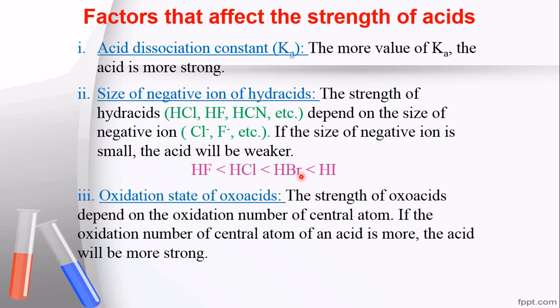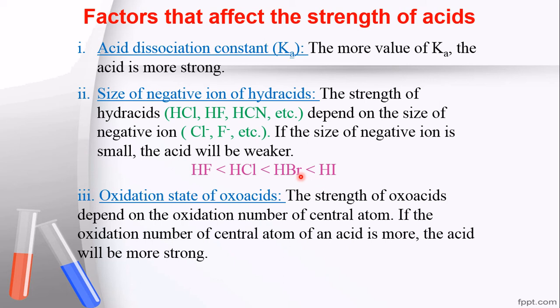Now for oxoacids. I have already told you which are oxoacids. The strength of oxoacids depends on the oxidation number of the central atom of the acid. What is the central atom? For example, sulfur for sulfuric acid, nitrogen for nitric acid, phosphorus for phosphoric acid, and so on.